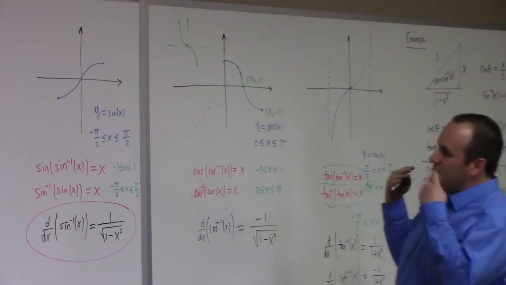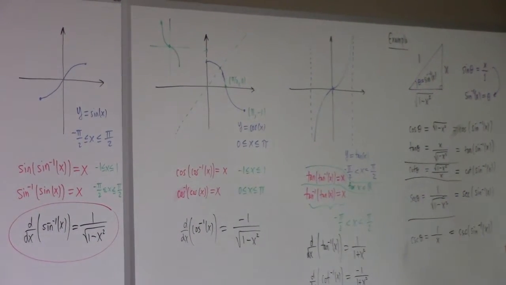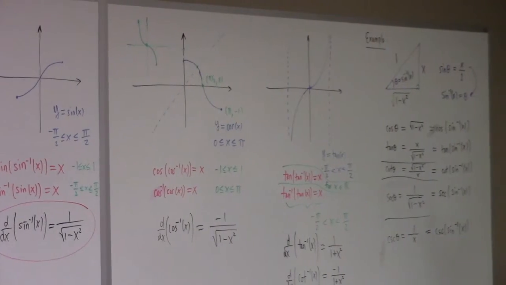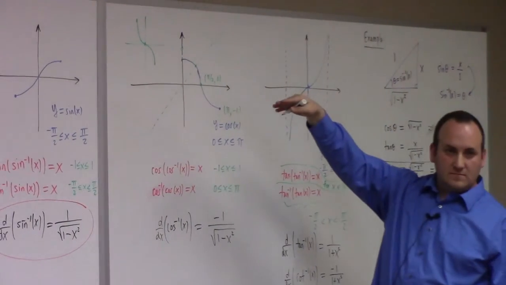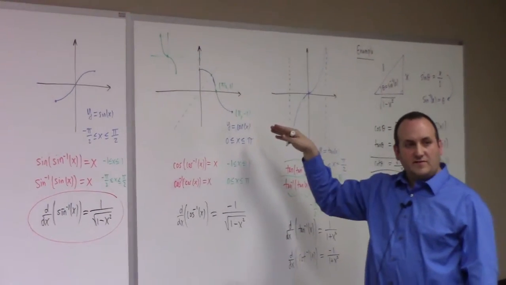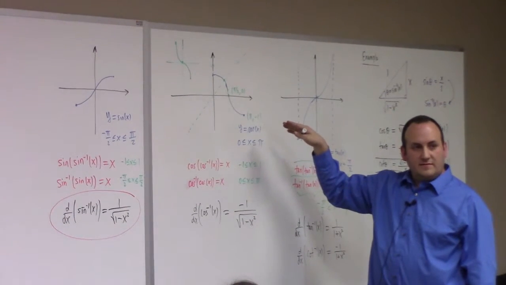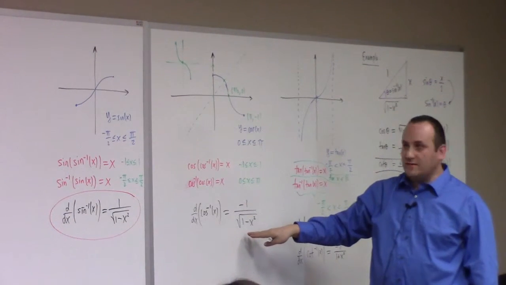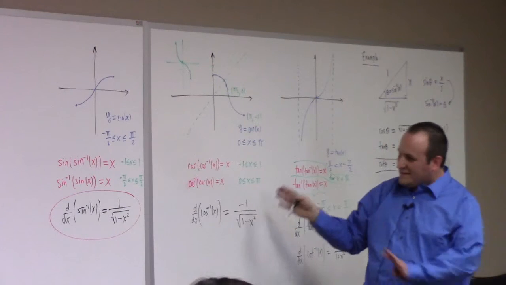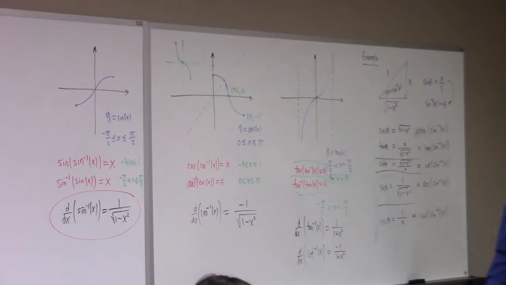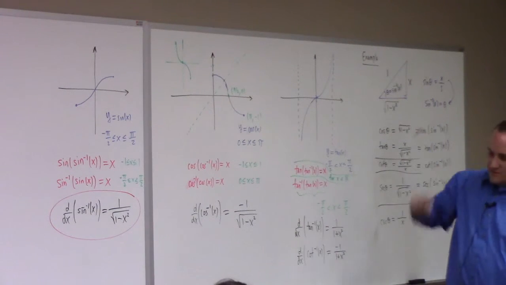Let's think more geometrically for a second. That totally makes sense. It's the same shape as sine, run in the opposite direction. It's intuitively natural, that formula. I know it has to be negative because cosine is decreasing.